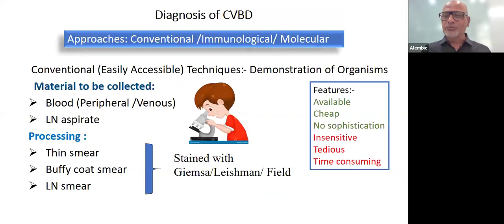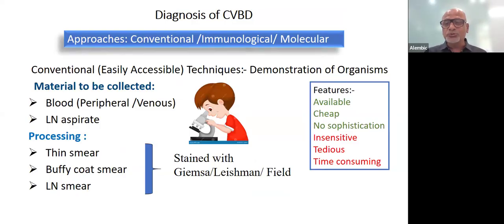Now, in the diagnosis, there are basically three approaches. One is a conventional approach, the second is an immunological approach, and the third is a molecular approach. What is the conventional approach? It means you collect the blood sample, ideally from the peripheral circulation, and prepare the blood smear from it.